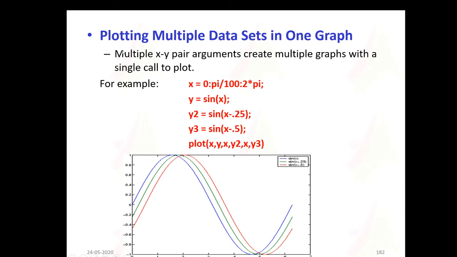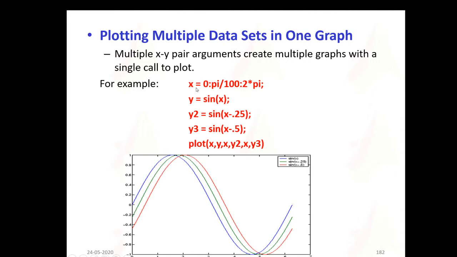So you can see here plotting multiple data sets in one graph. x goes from 0 to 2 pi, with step size pi by 100. y equals sin x, y2 equals sin x minus 0.25, y3 equals sin x minus 0.5.